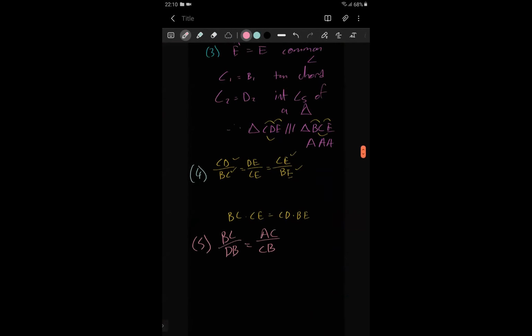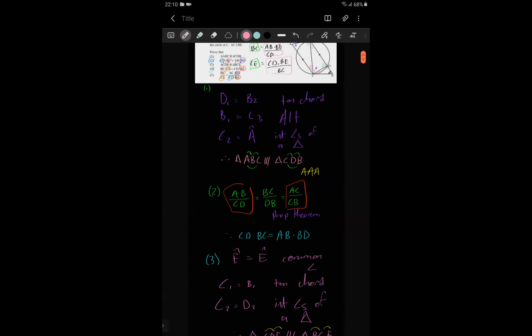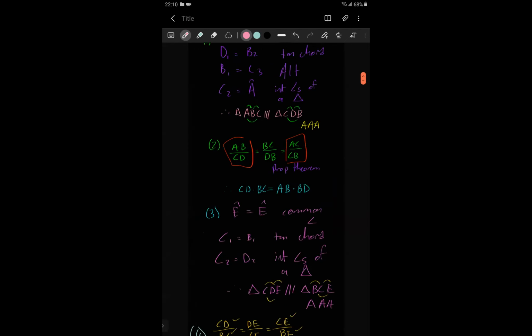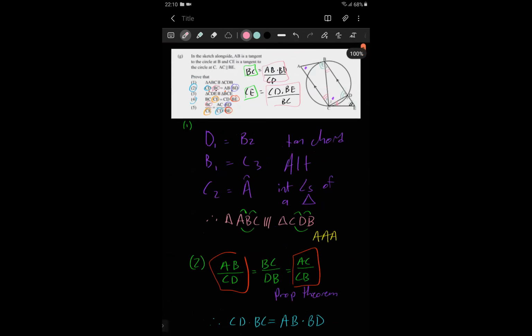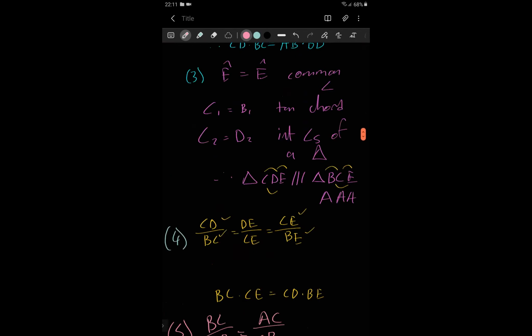How is this going to help us? Is there a BC anyway? Let's isolate BC. BC is equal to AC, and here you would need to multiply by BD on both sides. So let's do BD here over CB. Now the CB is the problem. CB is this line here, and CB is the same as BC.